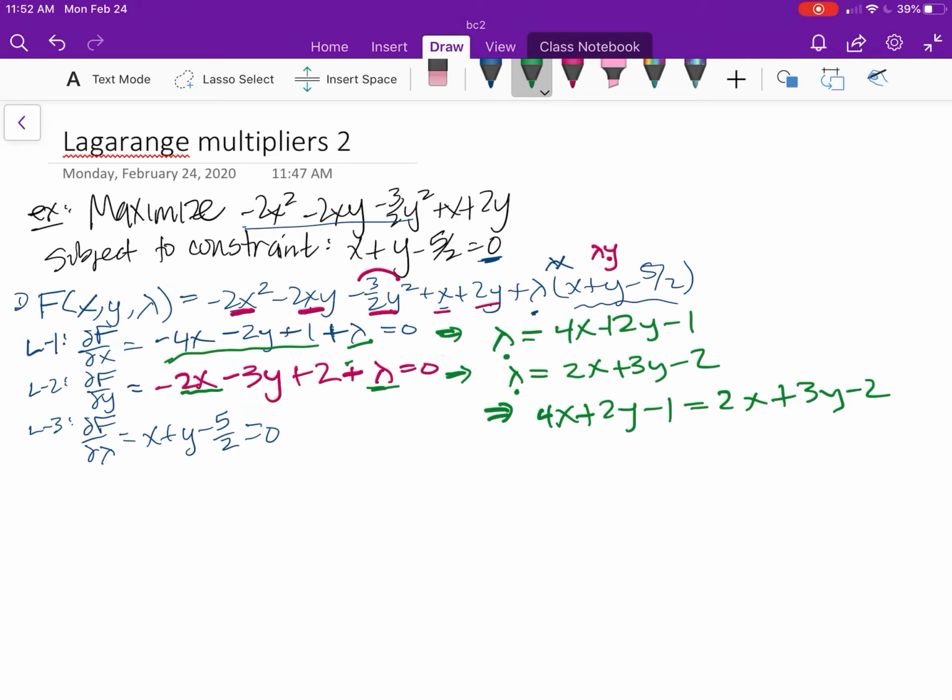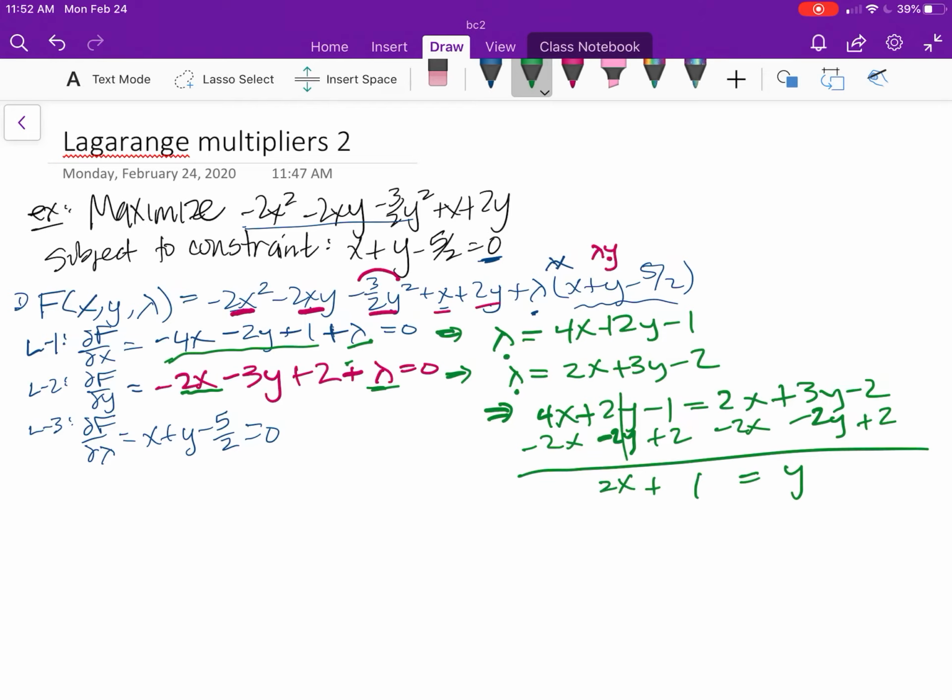Let's see, if we go ahead and get x's on the left, y's on the right, I guess, subtract 2y. We'll go ahead and solve for y then, because that eliminated everything, right? So let's then add 2, and we'll subtract 2x. So negative 1 plus 2 is 1, and 2x, those y's gone, right? Y equals 2x plus 1.